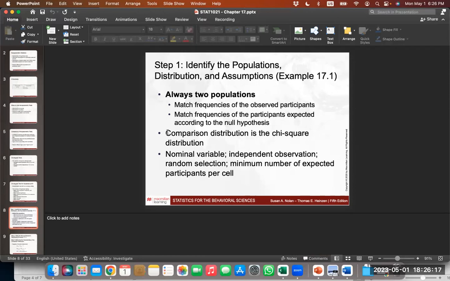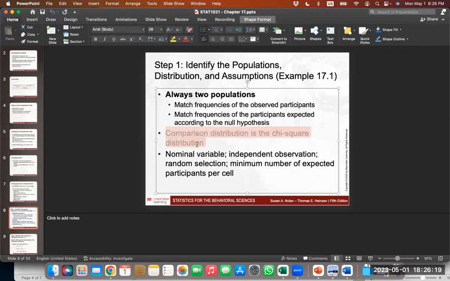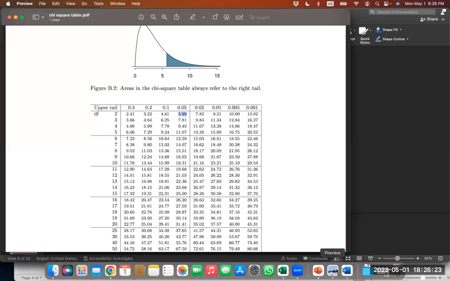And you basically have a comparison distribution, which is the so-called chi-squared distribution. And you have a chi-squared table on your canvas, which I highly recommend you save somewhere so that you have it accessible for the quiz.